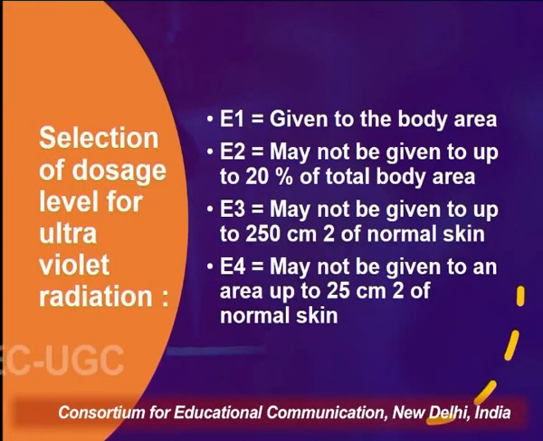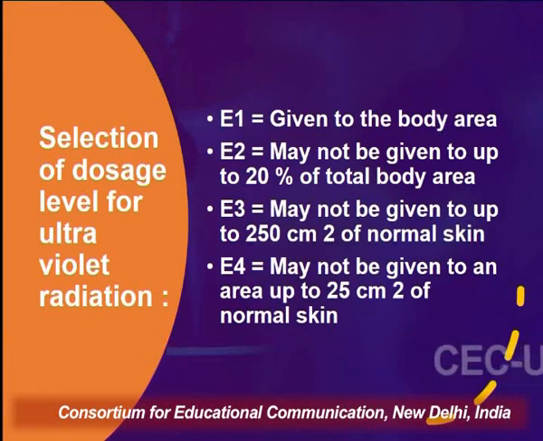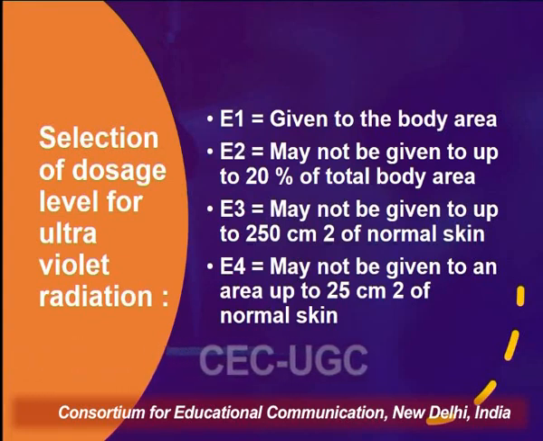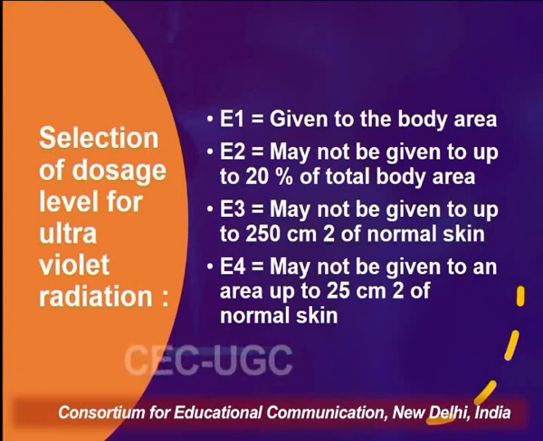Now, selection of dosage level for ultraviolet radiation. There are different types of dosages. We have divided them into E1, E2, E3, E4. E1 may be given to the whole body area, and E2 may not be given to more than 20% of the total body area.